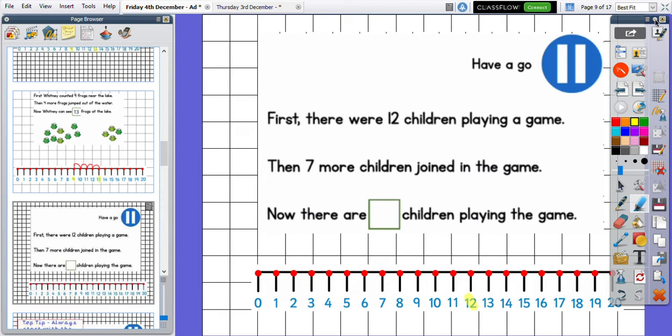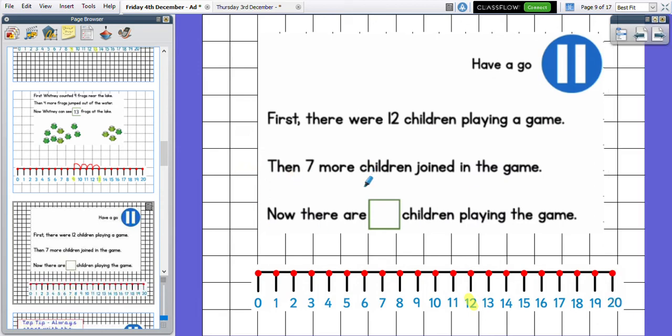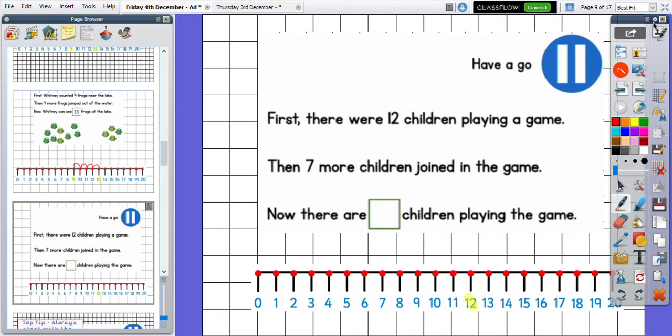Then it says 7 more children joined the game. Now remember, the word more means to add. Okay, the word more means you are adding on. Okay, there's more of them, and you know when we add, we create more, don't we? So more. So I'm going to add 7 on. So I'm going to take my pen.